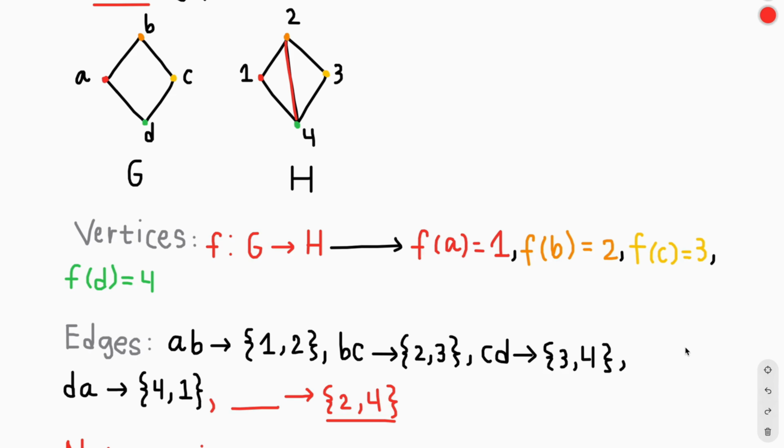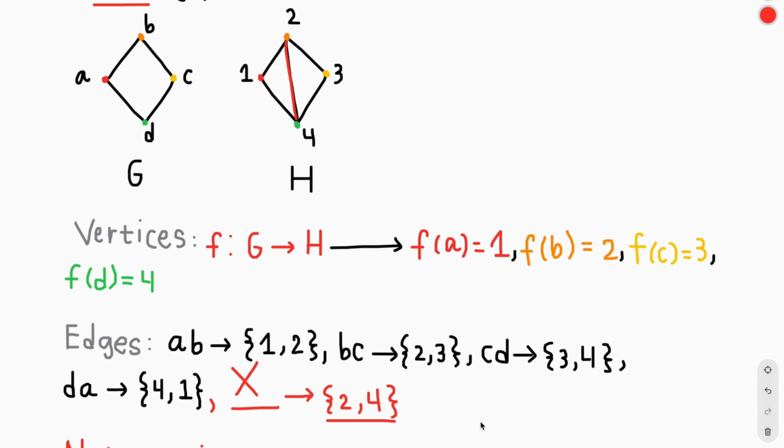So we have a blank space there because we're looking for an edge that can correspond to that edge in graph H. So using our corresponding vertices, we can see that we have 2 and 4, orange and green, so that has to correspond to B and D in graph G. But there is no edge going directly from B to D in graph G. So that blank space we had waiting to find a corresponding edge would have to be marked with an X, right? There is no corresponding edge that we can find in graph G.